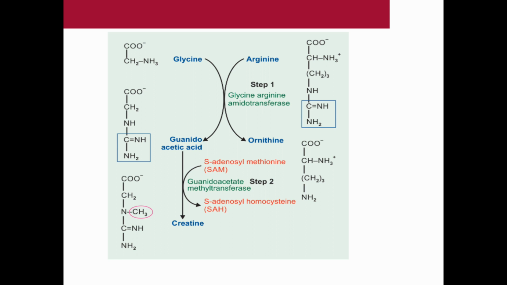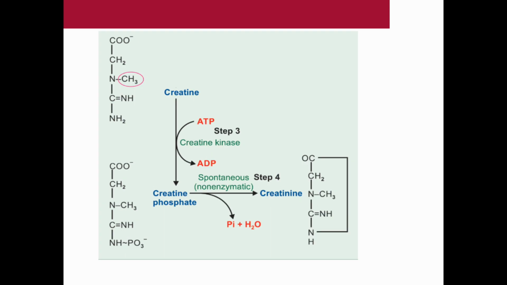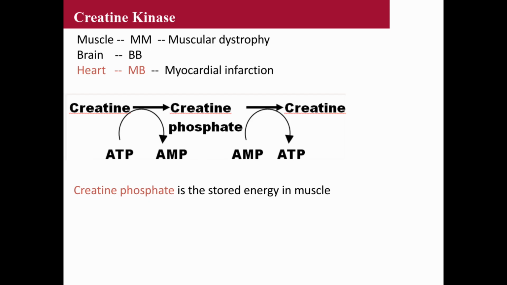Here SAM is converted into SAH. Creatine combines with ATP in the presence of creatine kinase to form creatine phosphate. ADP is formed, and this creatine phosphate spontaneously, by non-enzymatic removal of water and phosphate group, forms creatinine. This creatinine is excreted in urine.